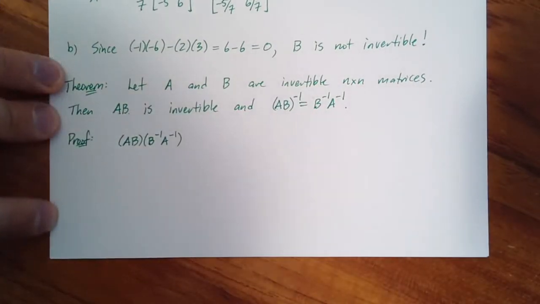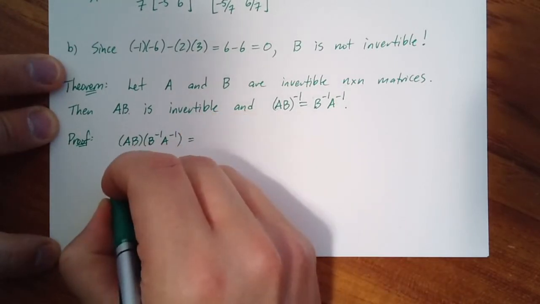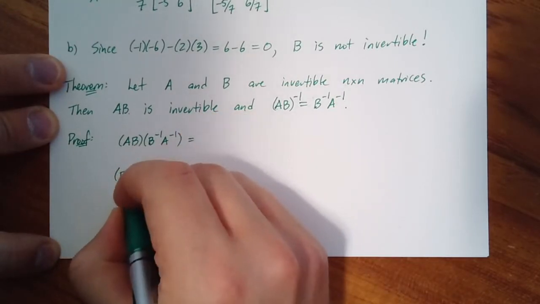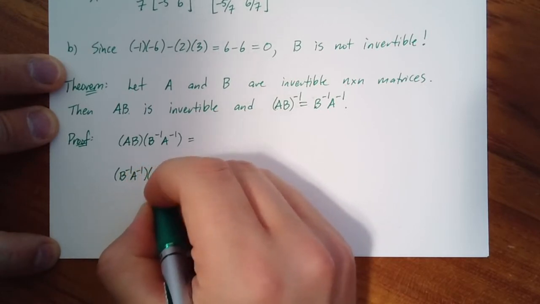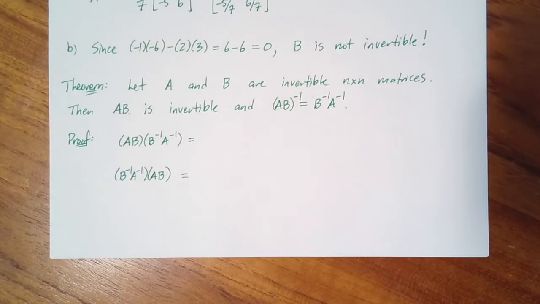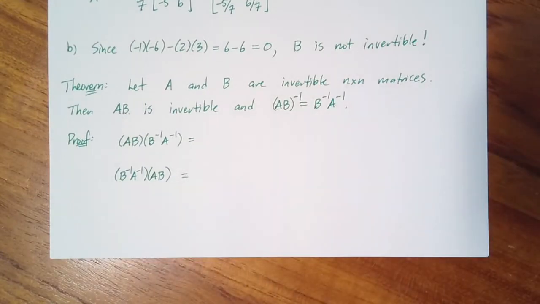Okay, so that's the first half of it. The other half is you need to show that if you multiply them in the other order, so if I multiply the same product but the factors trade places, I have to get the n by n identity matrix for this one as well.